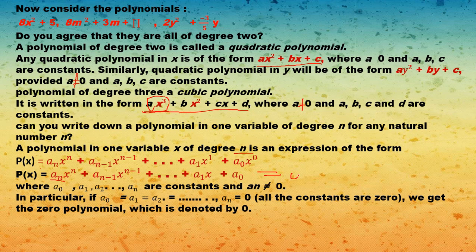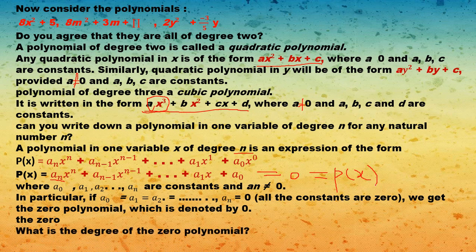So when all the constants are zeros, we get a zero polynomial, which is denoted by p(x) equals 0, or p(y) for whatever variable we are using. Here we are using the polynomial in variable x, so p(x) equals 0. The degree of this zero polynomial is not defined.